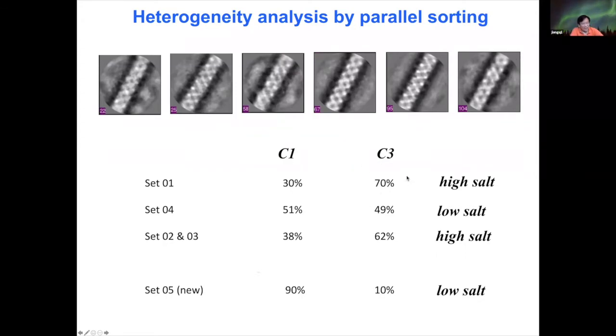We found that initially our data was significantly biased towards the C3 symmetry. That's why the C1 symmetry was not showing up very well in our initial analysis. Later on, when we started to make our specimen in low salt, we found that more than 50% or sometimes even 90% of the data is in C1 symmetry.